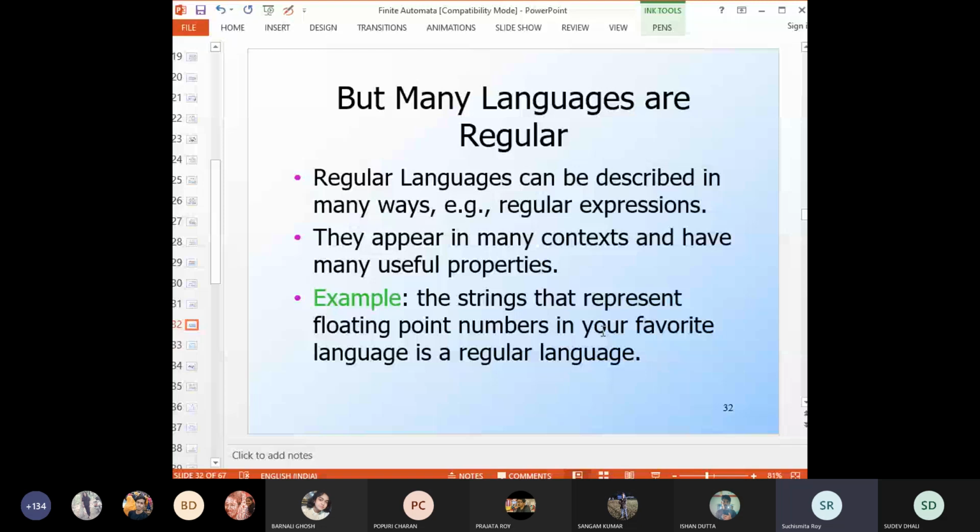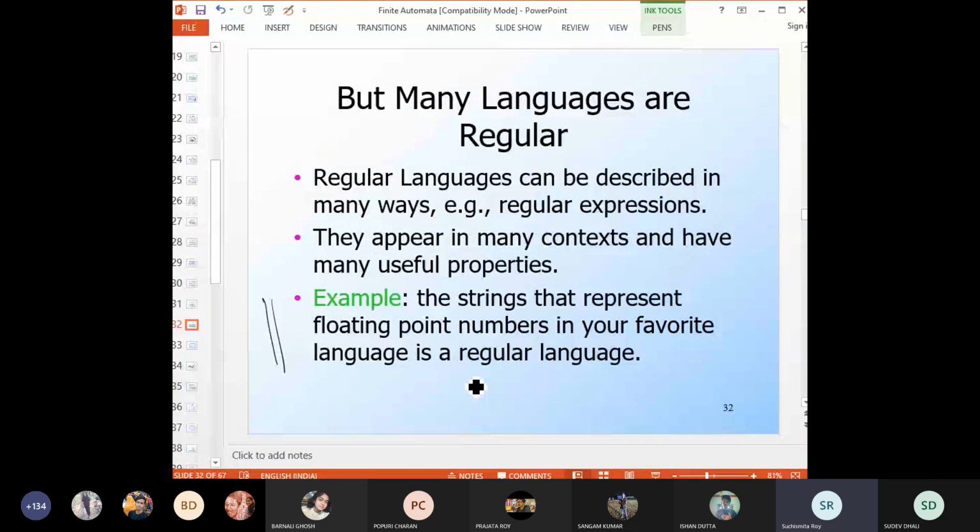But some languages are regular, and for them to be able to draw a finite automata becomes a very useful skill. For example, this is actually a very important example, and you are going to encounter it when you study compiler design, when you try to design compilers for programming languages. All the strings that represent floating point numbers can be represented in many different ways.